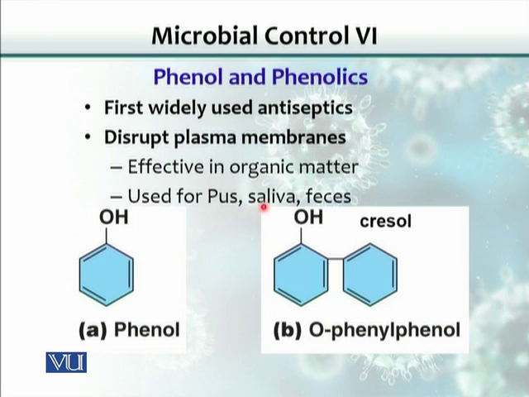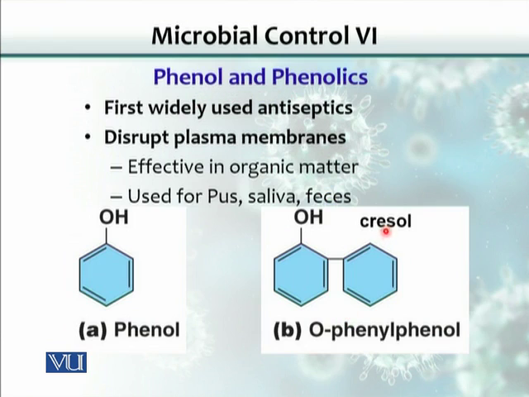So in those situations, when we know that the organism is secreted in the saliva, we need to sterilize or use an antibacterial agent like phenol. It could also be used for organisms that are released after infection in the feces. So when there's fecal contamination of the environment and we want to clean it, we would use phenolic compounds.